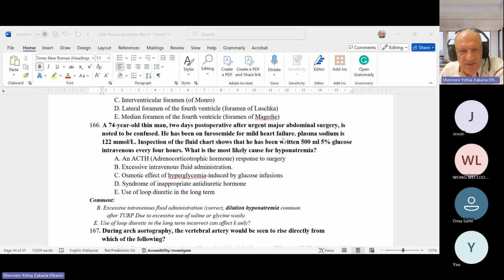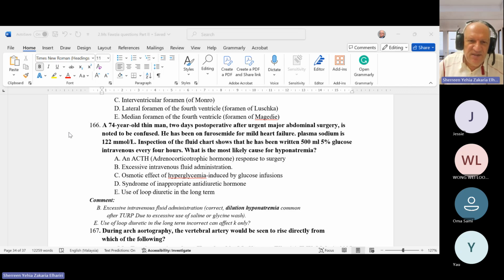So what is the cause of this patient's confusion? Post-operative confusion is a very important topic. Excessive IV fluid administration. Yeah, so one is that in older people, usually if the patient is thin, the weight is not big, and you give more than 3 liters, of course this patient takes a lot of fluid, or blood during surgery.